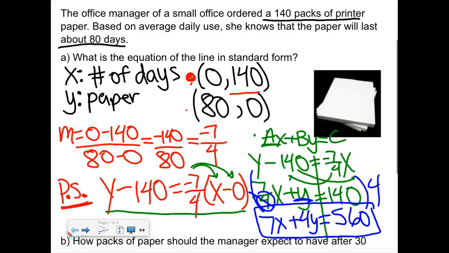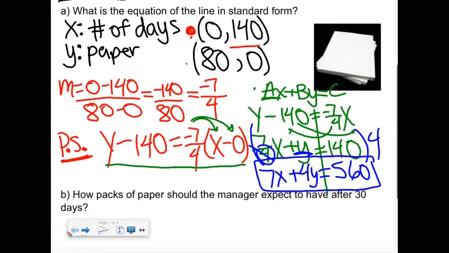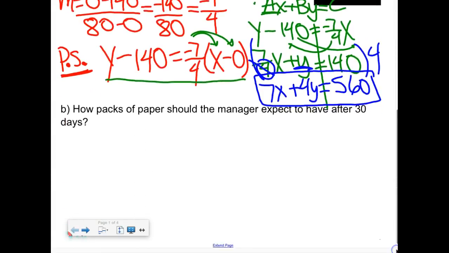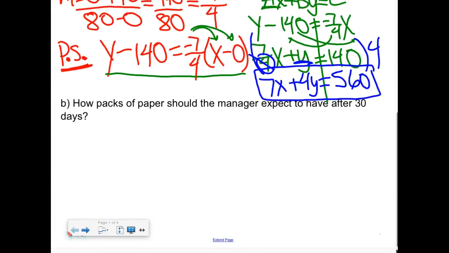Okay. Now as I go on to the next part of this, I will need to use that equation again because it says how many packs of paper should the manager expect to have after 30 days. Now if we remember, 30 days represents our x.